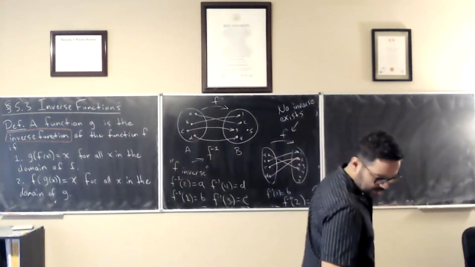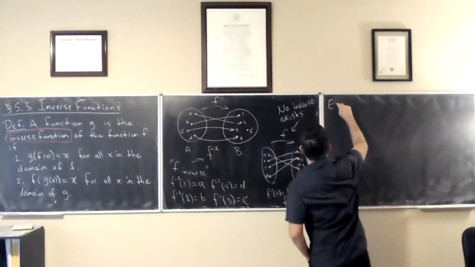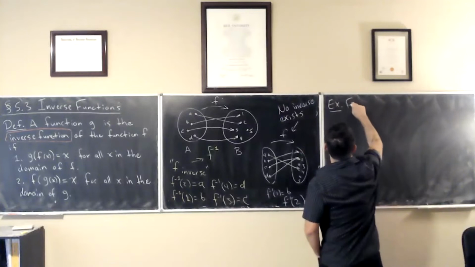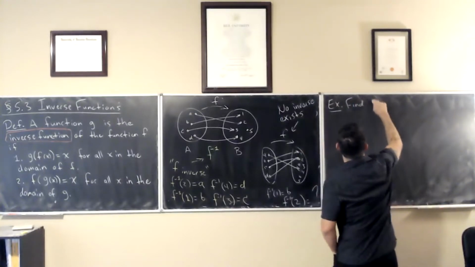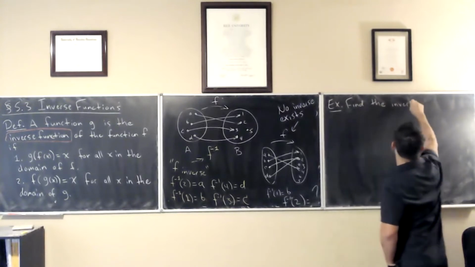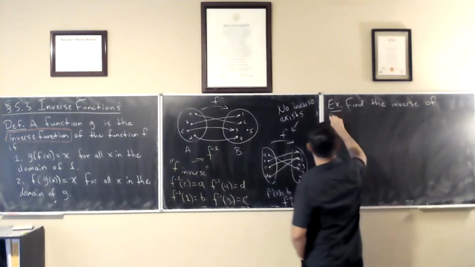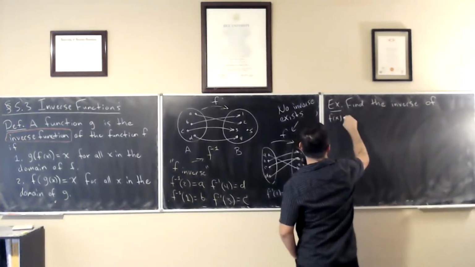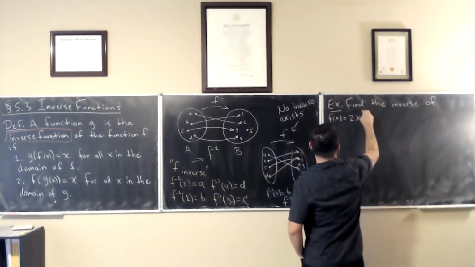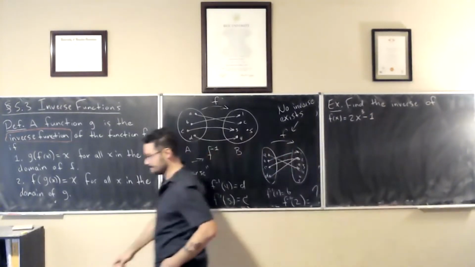So let's say, find the inverse of f of x equals 2x cubed minus 1. Okay.